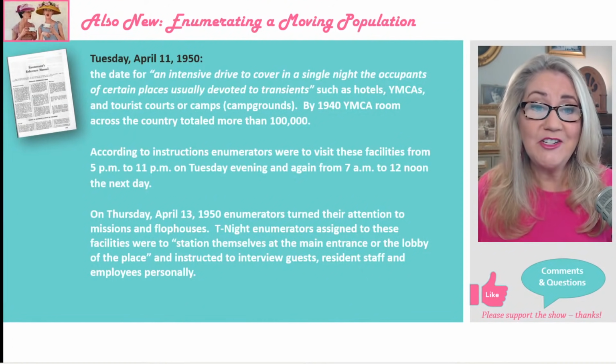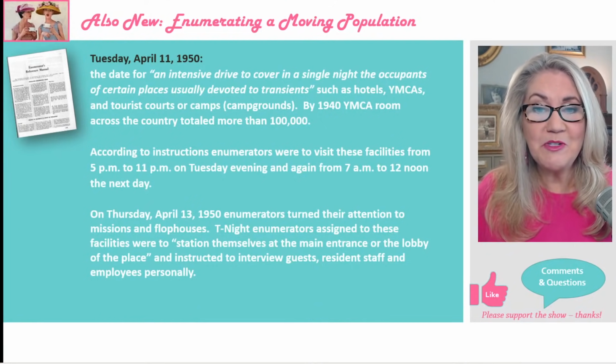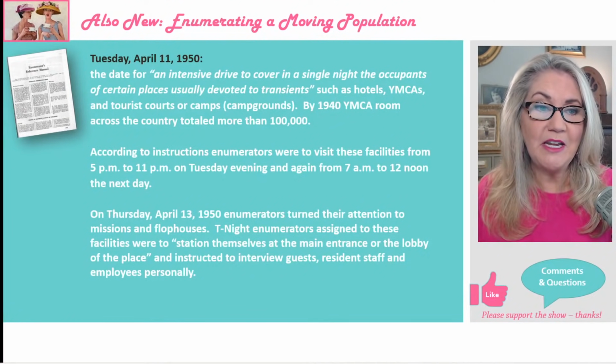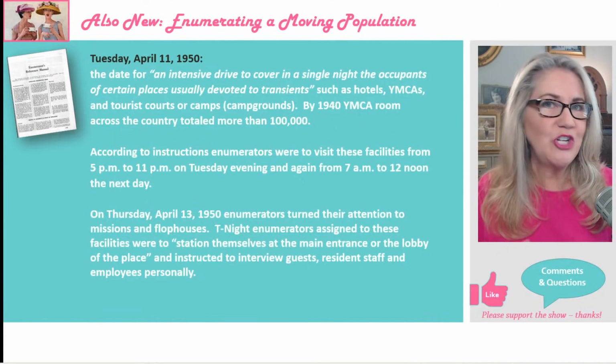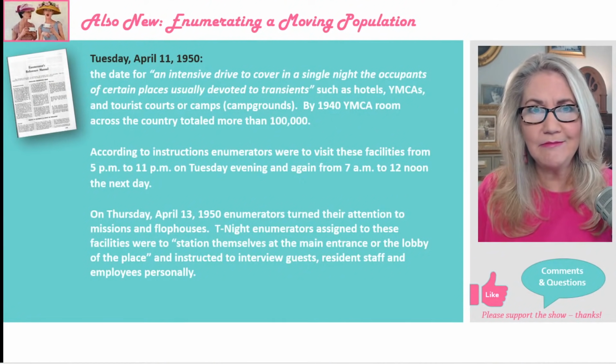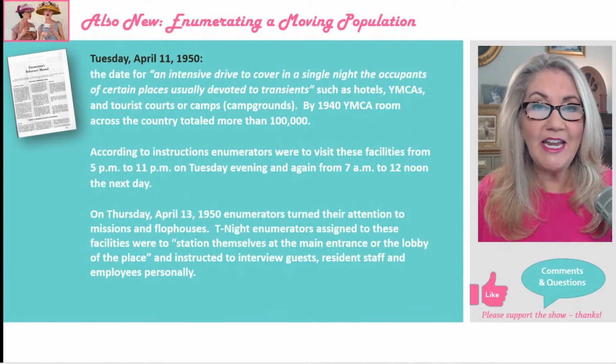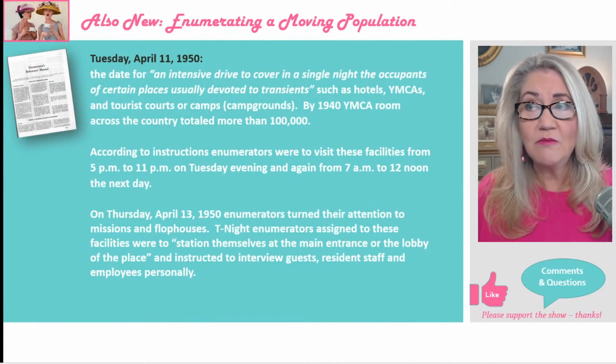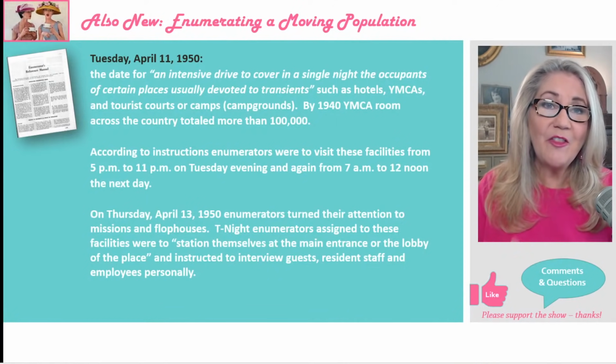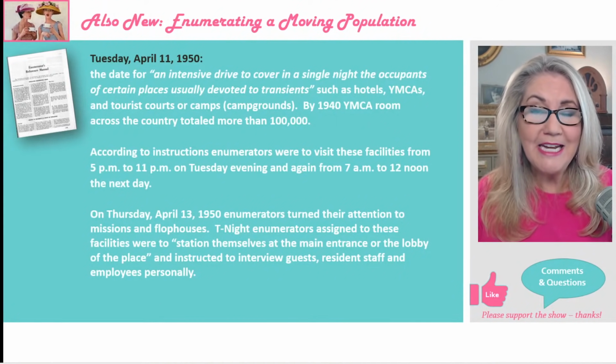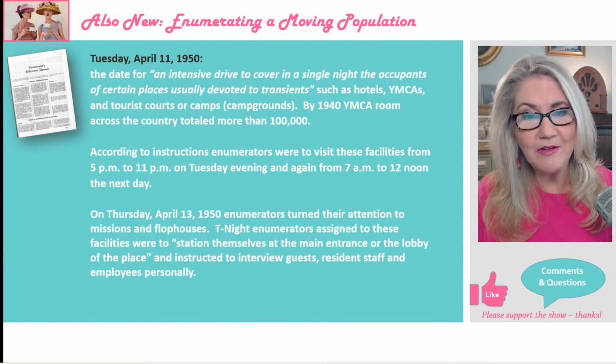So according to the instructions, the enumerators were supposed to visit these facilities between 5 p.m. and 11 p.m., which kind of makes sense because it's check-in time. And then they did it again, 7 a.m. to noon the next morning, check-out time, right? And then on the 13th, they paid attention to missions and flop houses.